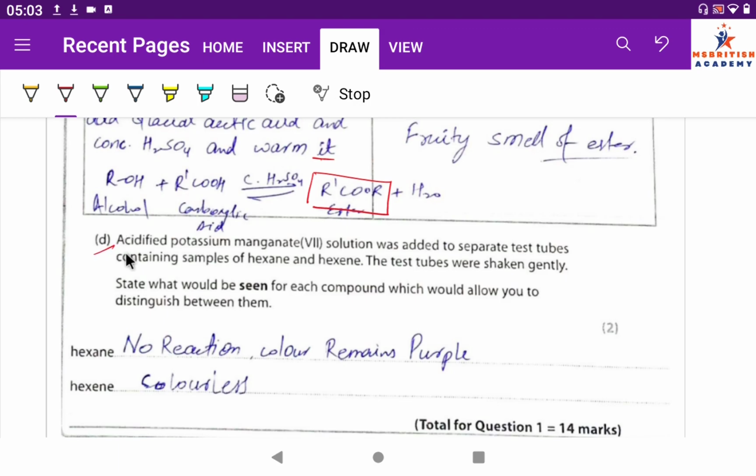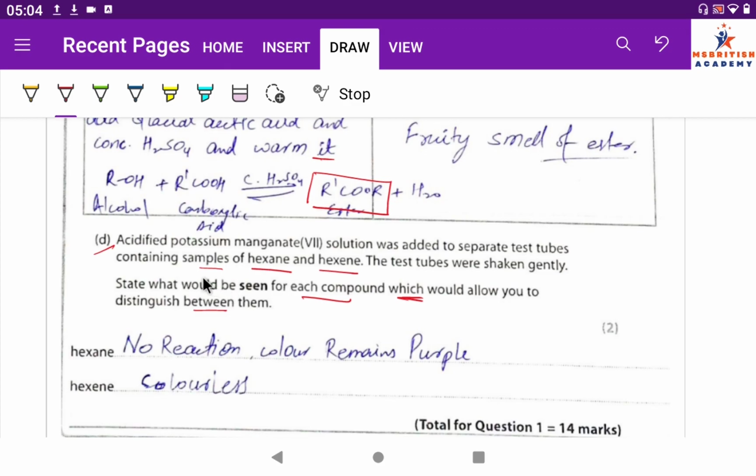Now the D part is acidified potassium manganate 7 solution was added to separate test tubes containing samples of hexane and hexene. The test tubes were shaken gently. State what would be seen for each compound which would allow you to distinguish between them.